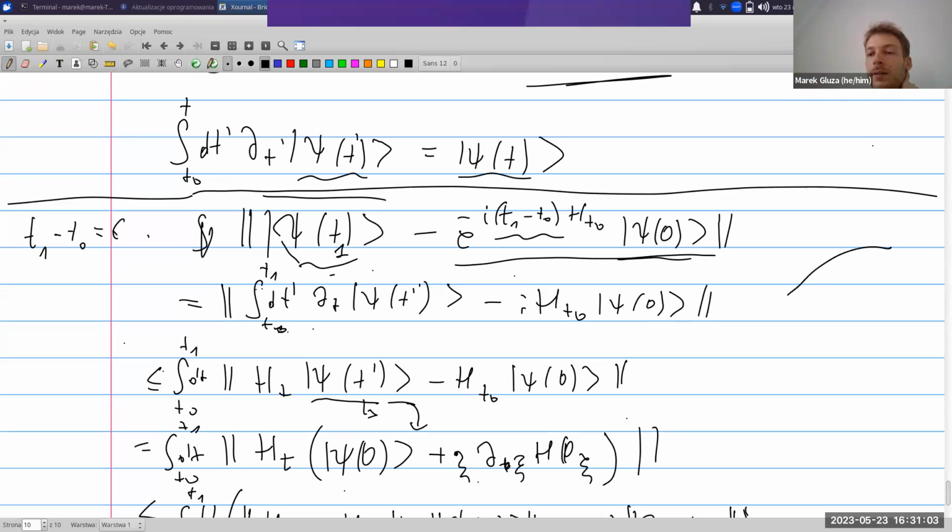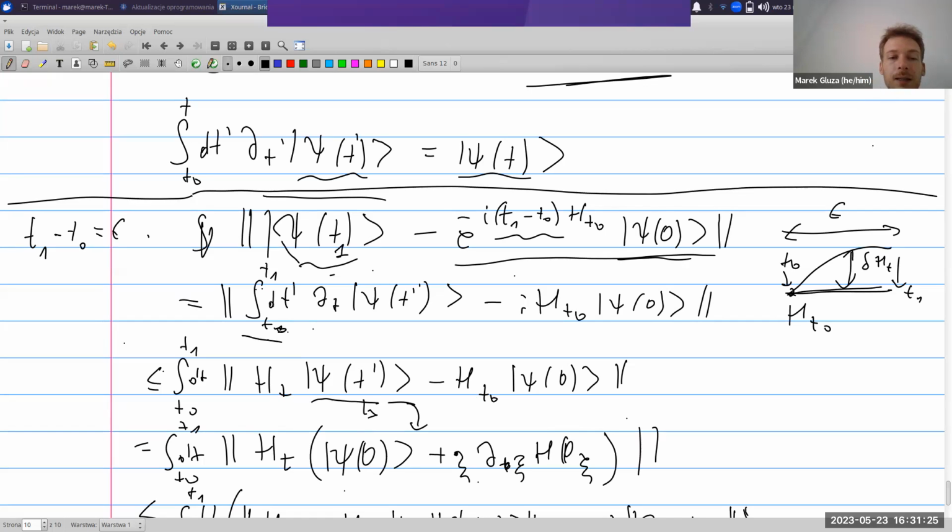So basically, instead of doing something like this, you take the constant approximation starting at ht0. So this moment here is T0, this is T1, and we consider this for epsilon. And because epsilon is small, this kind of change in the Hamiltonian delta HT doesn't matter so much.